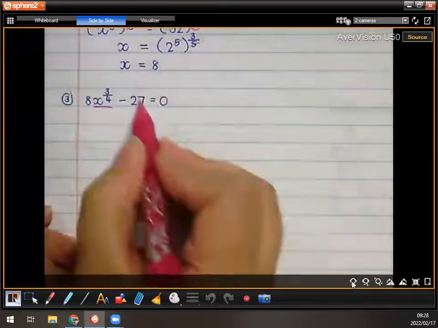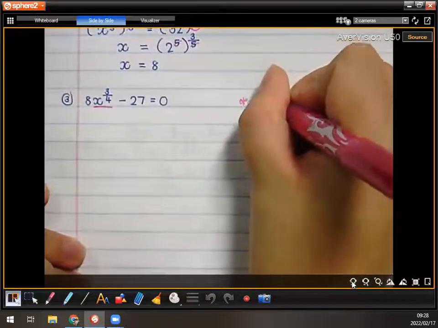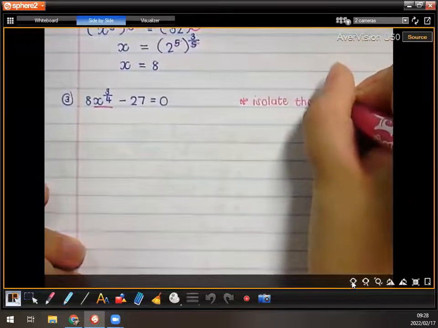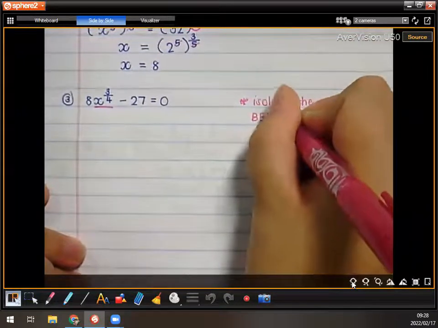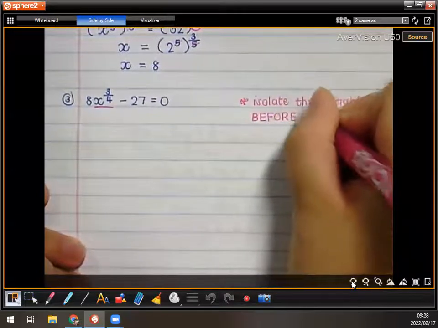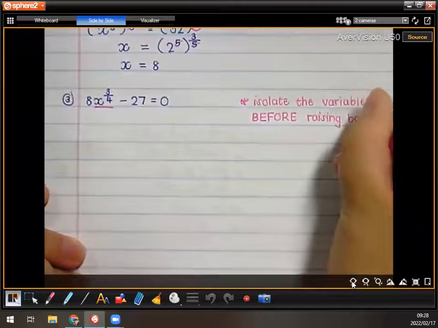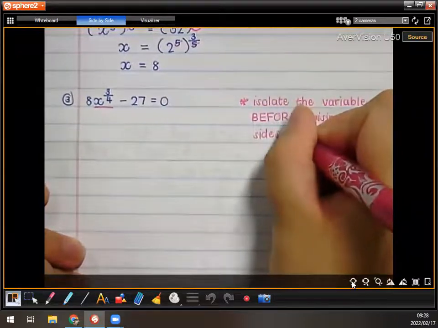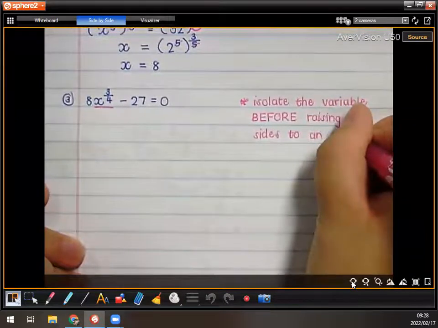All right, so first we're going to isolate the x. So isolate the variable before raising both sides to an exponent.